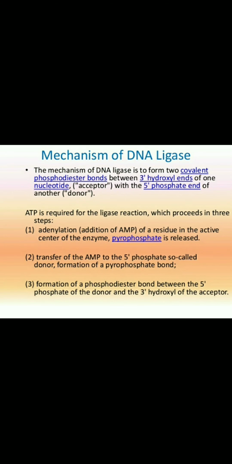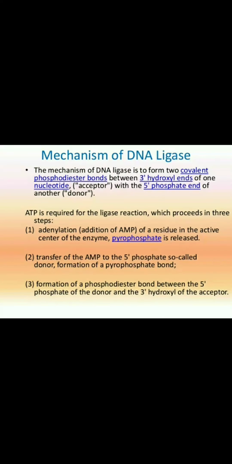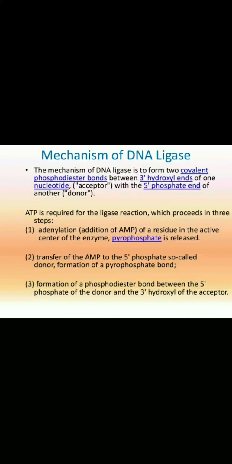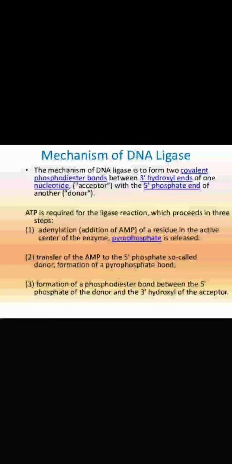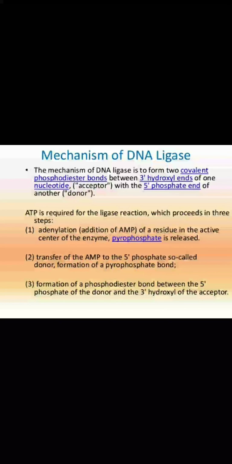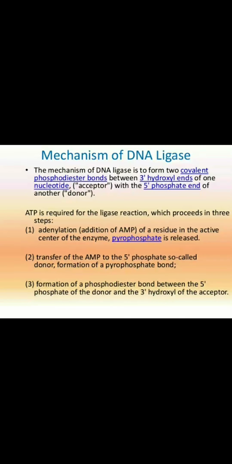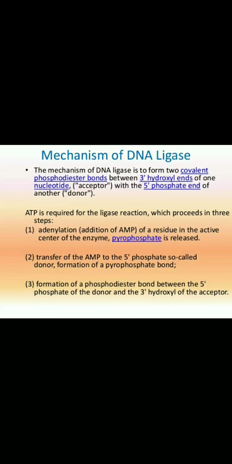Now the mechanism of DNA ligase: it forms a covalent phosphodiester bond between the 3' hydroxyl end of one nucleotide, which acts as an acceptor, and the 5' phosphate end of another, which acts as a donor. So here the acceptor and donor form the covalent phosphodiester bond between them using DNA ligase.